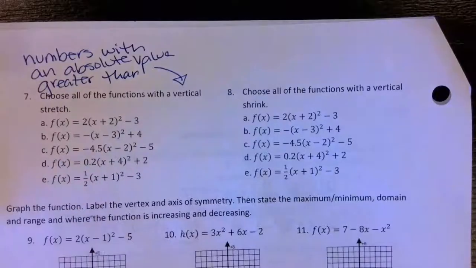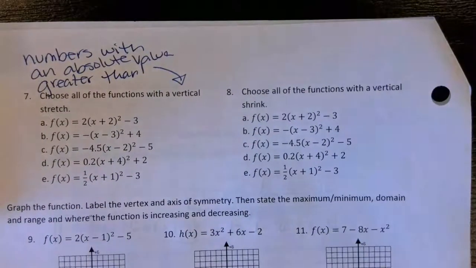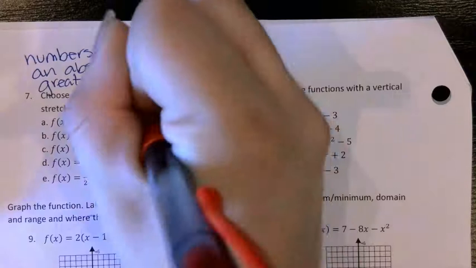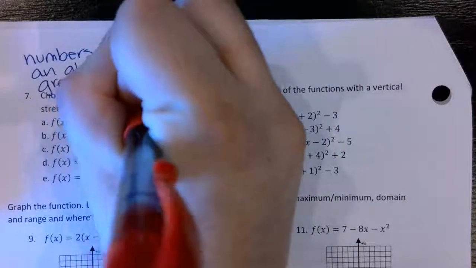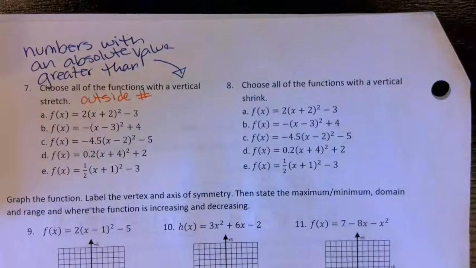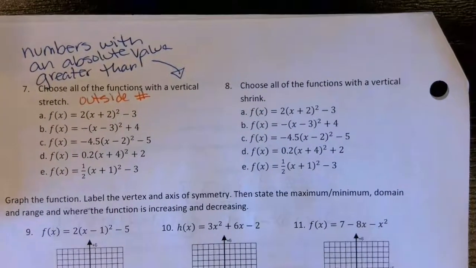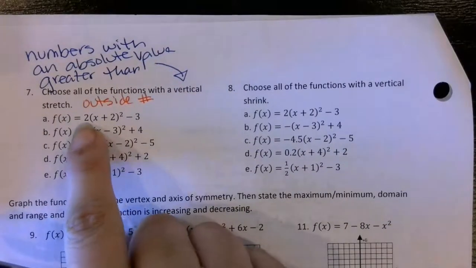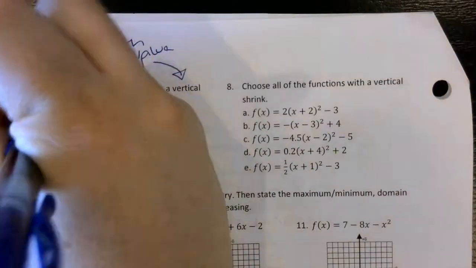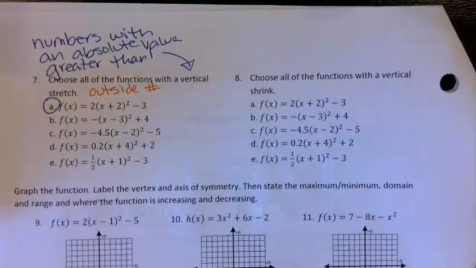I'm also looking only at the outside number. So if I take a look at A, this is a 2. Absolute value of 2 is 2. It's greater than 1, so this one has a vertical stretch.